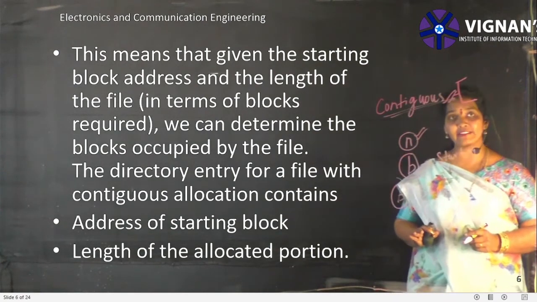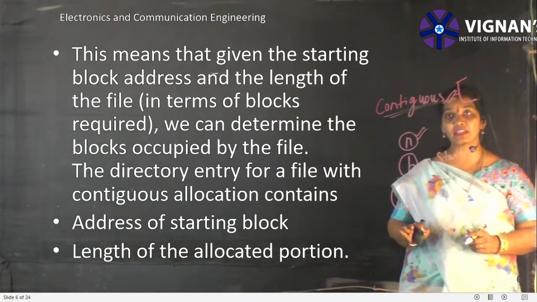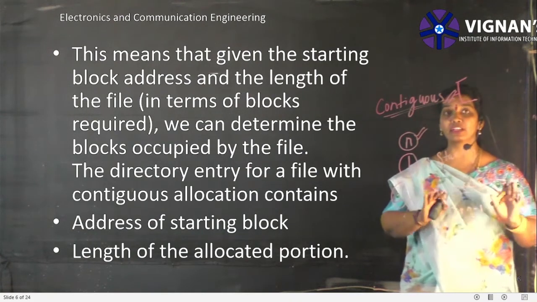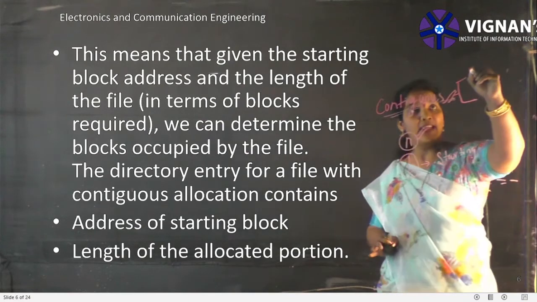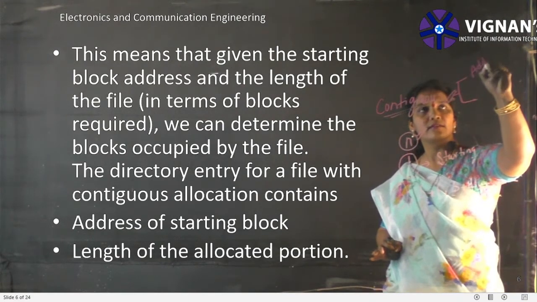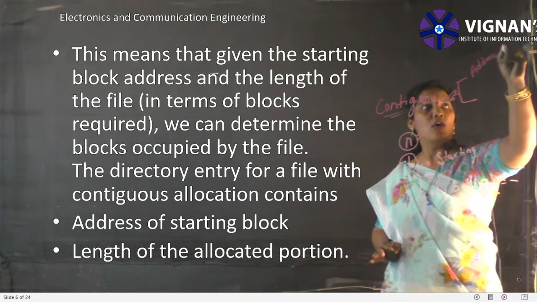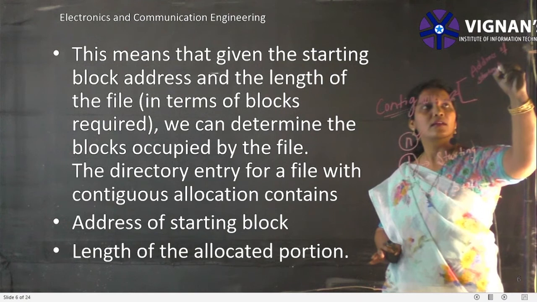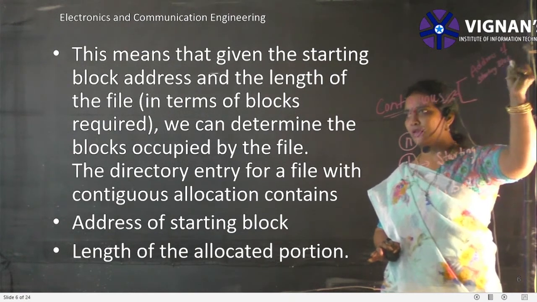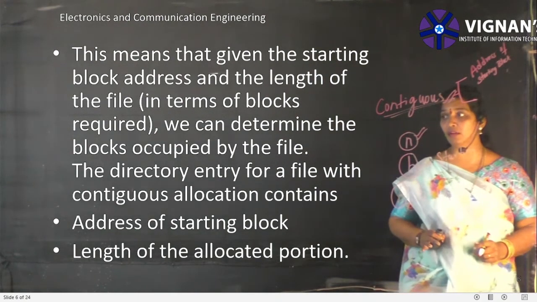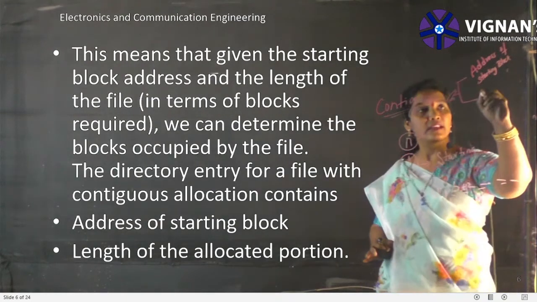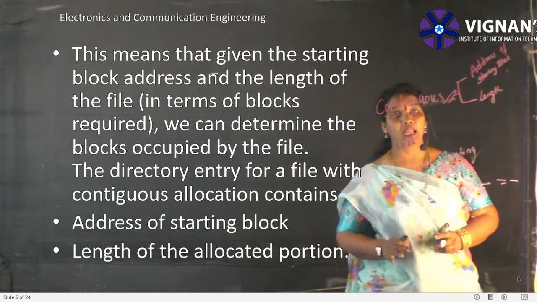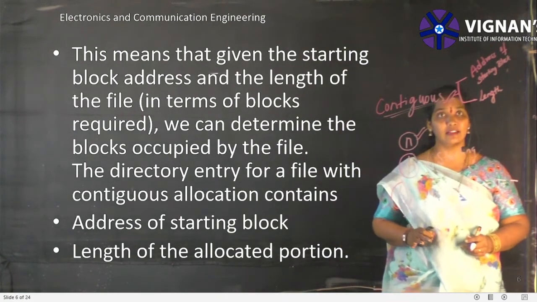So in a contiguous allocation, the directory entry for a file contains the address of the starting block, and next the length of the allocated portion, or we say the length in blocks.